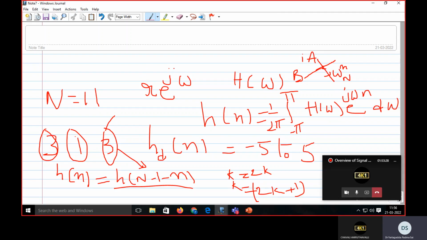Because there the even samples are already there, in the even part you are substituting 0, 1. When you substitute 0, you will get omega 0. When you substitute 1, you will get omega 2. I am asking you, if you find time, especially whoever is aiming for higher studies, MS, you should have clarity on all these things.